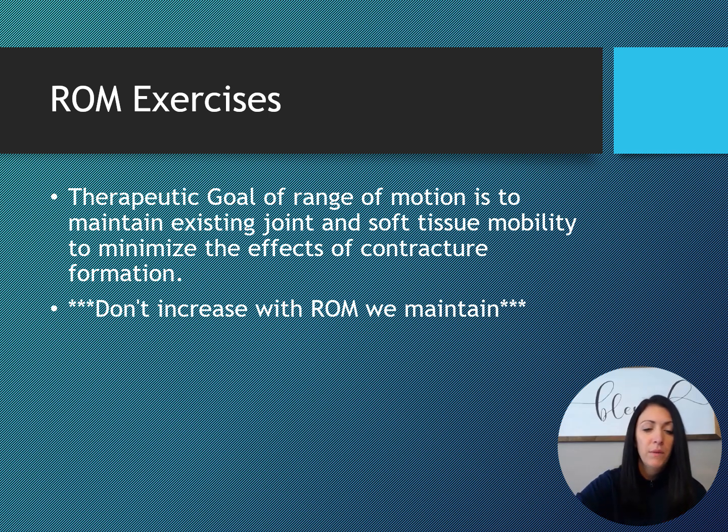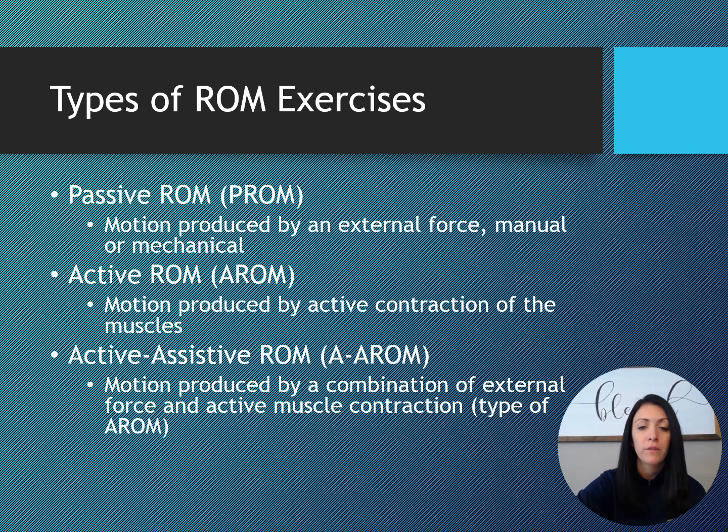But with contractures, it's different because maybe we got as much range of motion as we could. Maybe they don't have full elbow extension, but they have functional range of motion. In that circumstance, maybe we're not able to get full range of motion, but we try to maintain that range of motion without making it worse and having more of a contracture.